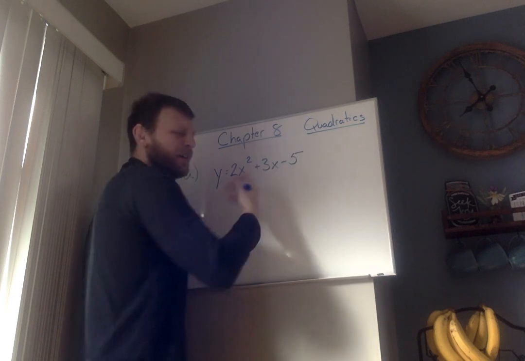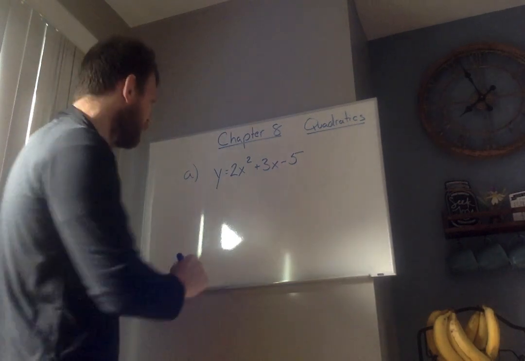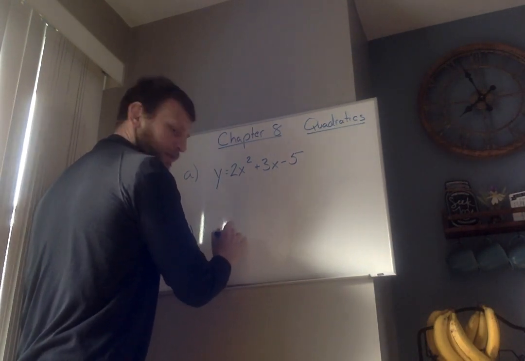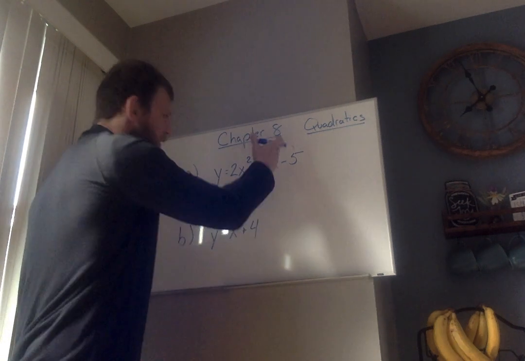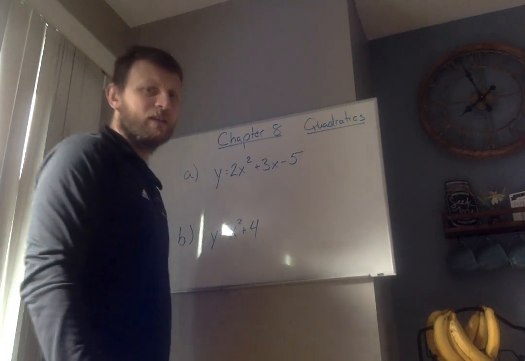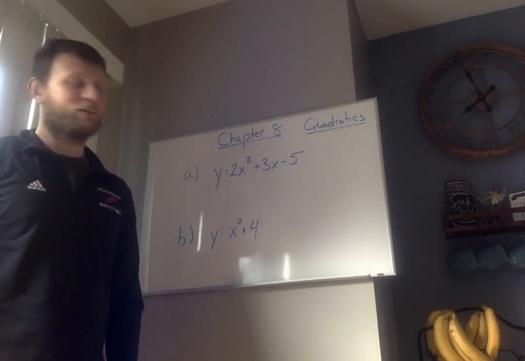Well, this is one equation. This is A under concept opener. And if you look at B, you can see that these two equations are very different. Let me try to block out that sun. There we go.